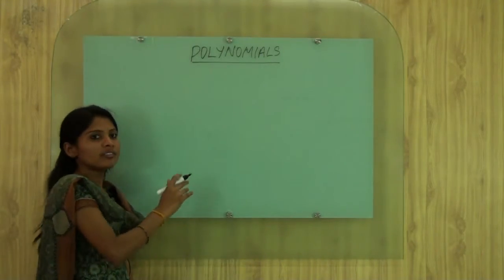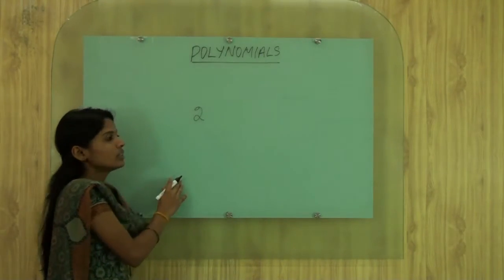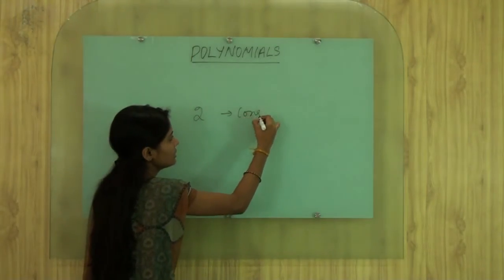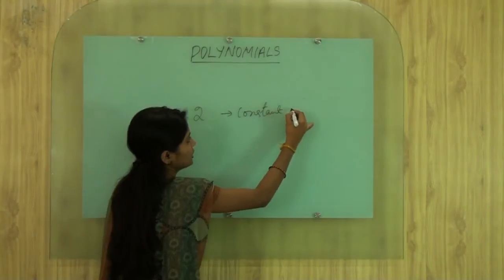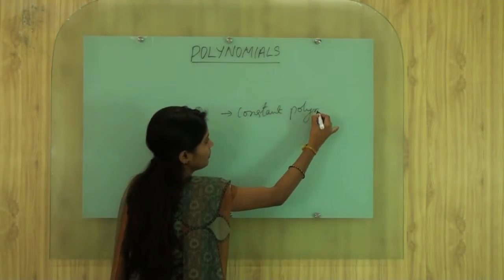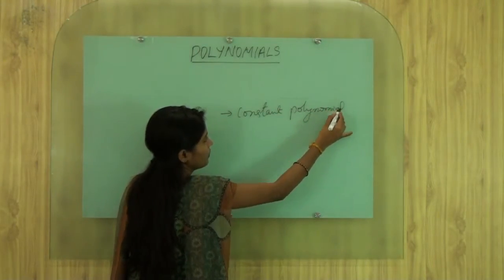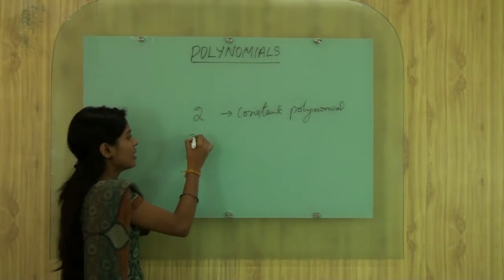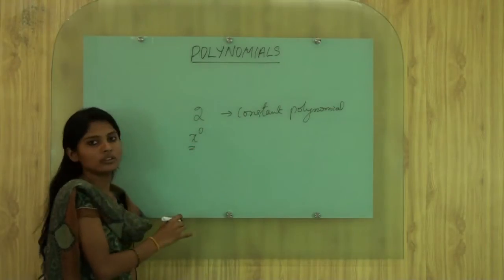Do you know what's the coefficient of 2? 2 is also a polynomial. It is called a constant polynomial. This is of coefficient x to the power 0.